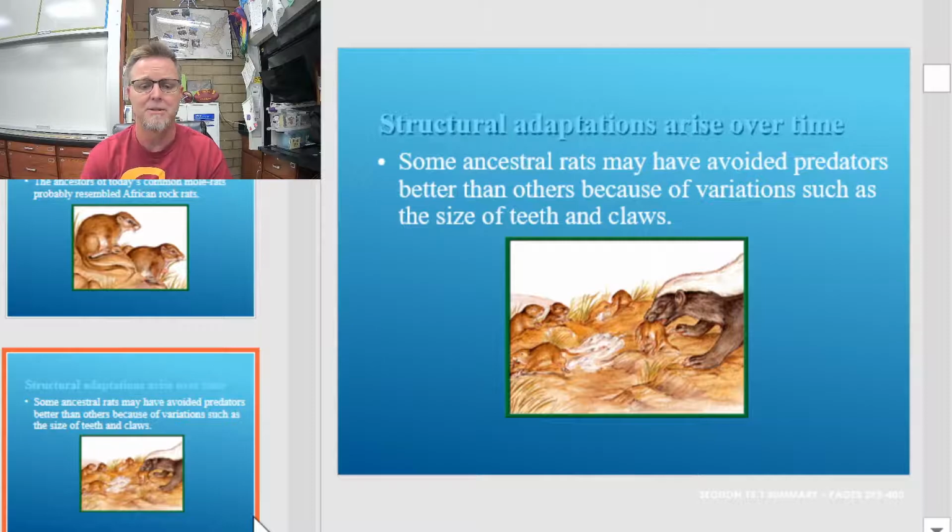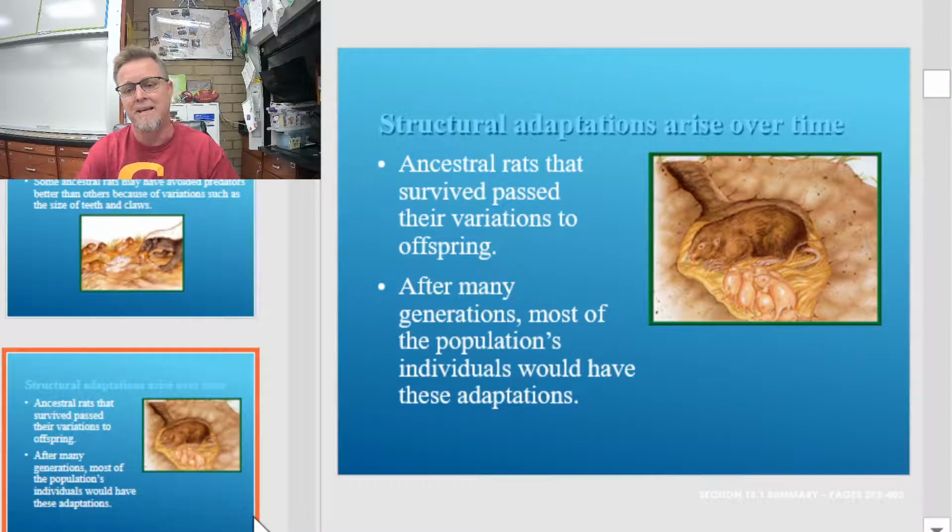There's variation in the population, and some of them may have avoided predators better than others because of their teeth size or claws and how they use them to defend themselves or maybe burrow underground. The ancestral rats that survived predation passed their variations on to their offspring, and after lots of generations of doing so, most of the population's individuals would have those specific adaptations that help them avoid being eaten by a predator.